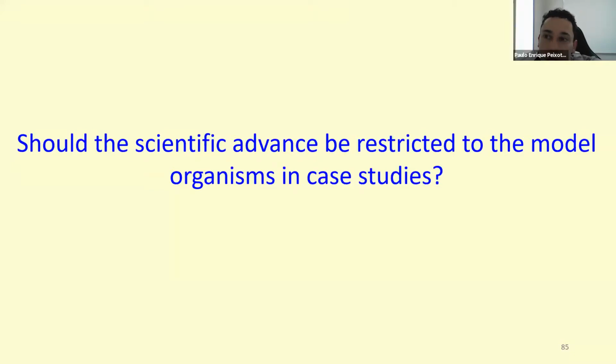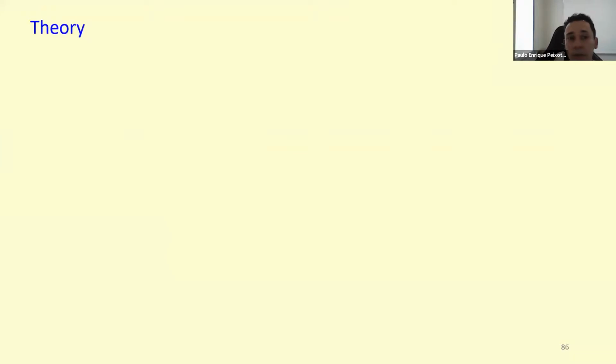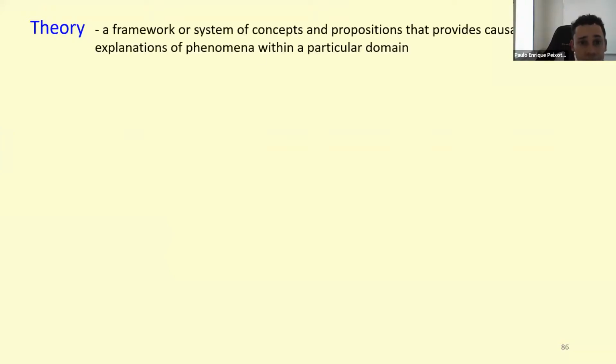And this is also related to the point that I talked about a lot of times in this workshop, but I present more formally here, which is the theory, okay? So when we think about a theory, again, I tried to find the definition, and I found this one. It is a framework or system of concepts and propositions that provides causal explanations of phenomena within a particular domain, okay? So basically, a theory takes a lot of concepts, a lot of propositions, a lot of causal explanations, which are in fact a lot of hypotheses, and they are arranged in a framework, in a specific structure, okay?